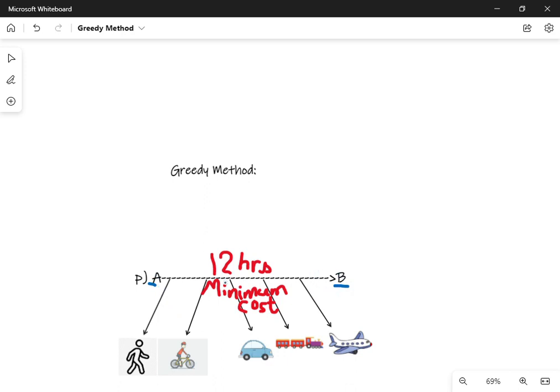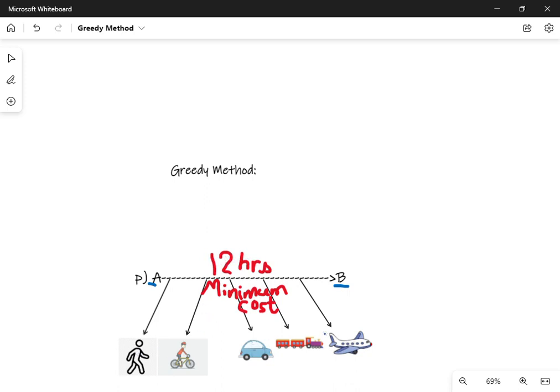But there is one constraint. The constraint is he has to travel in 12 hours. Constraint means a condition that is given in our problem. It is the first condition that is given. He has to travel in 12 hours.